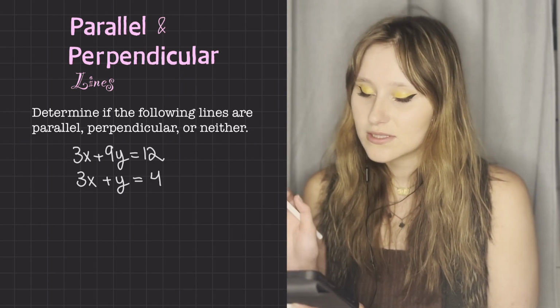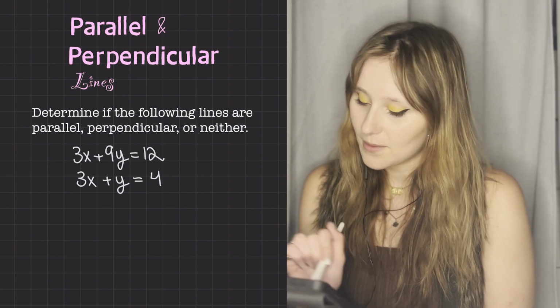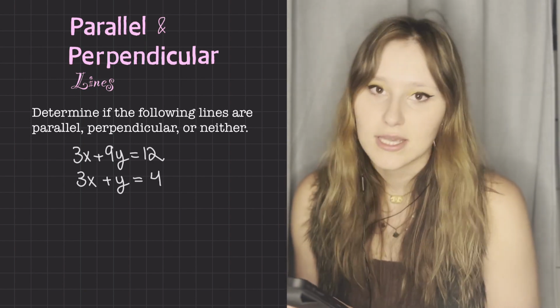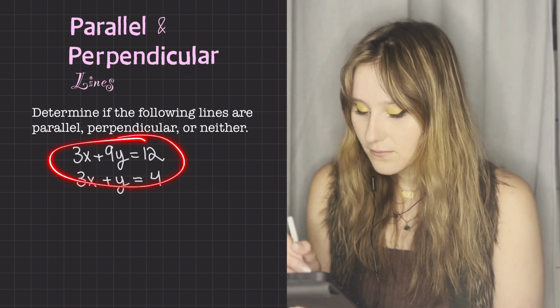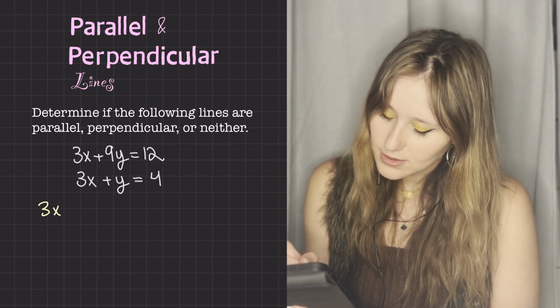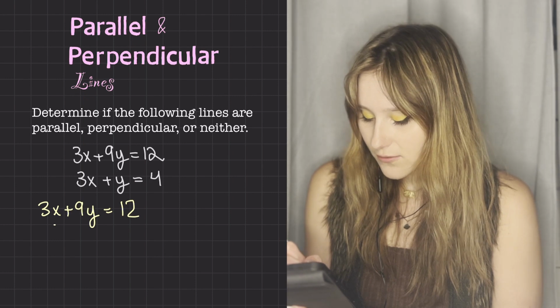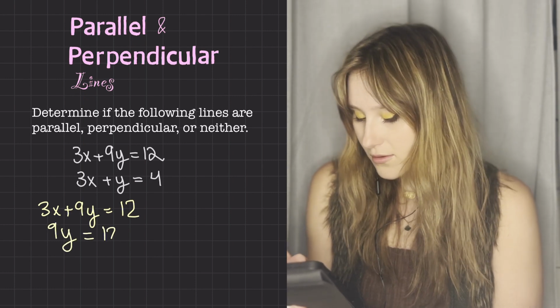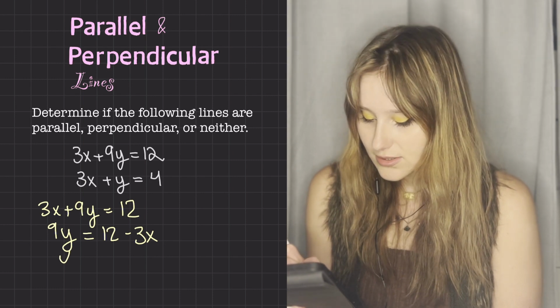Easy? Cool. Next, we have two lines. They're not in slope-intercept form, so we don't know the slope right away. I don't know what I'm going to get from this, so we'll just have to see, okay? So I'm going to take the first one, and I'm going to solve for y in order to get the slope-intercept form. So we subtract 3, and we divide by 9.